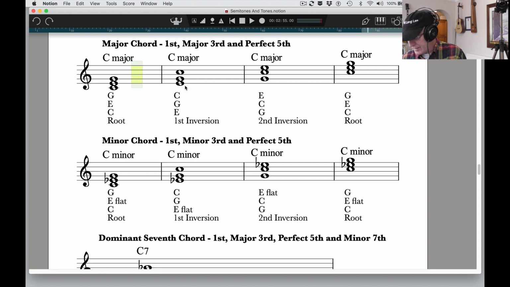And then we have the first inversion, E, G and C. And then we have the second inversion, G, C and E. And then if we keep going, of course, we come eventually to the root position just an octave higher, C, E and G. So those are the different inversions, but they are all C major chords, and it's the first and the major third and the perfect fifth.